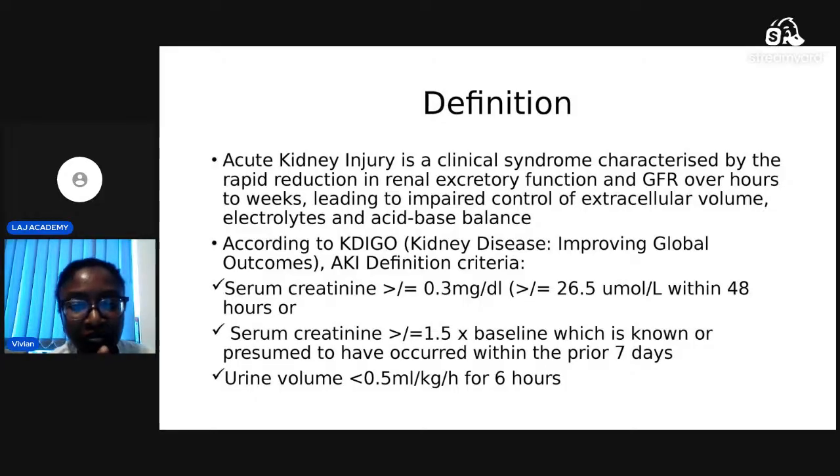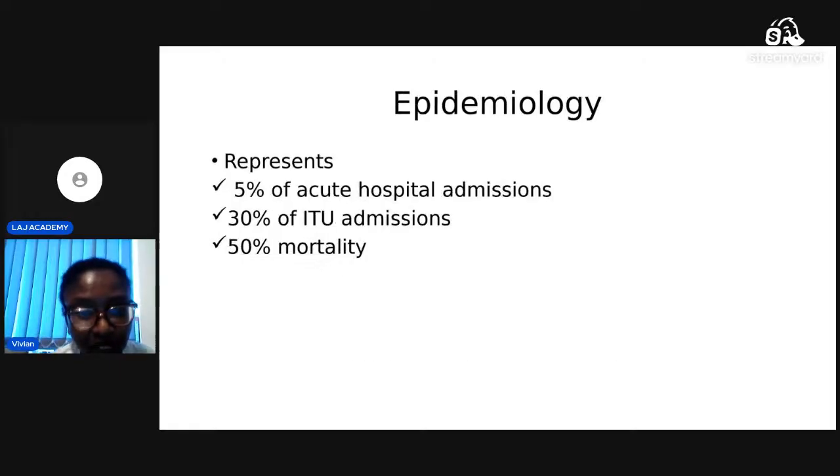Now, in this case review, this woman had elevated creatinine, and so she met the diagnostic criteria.